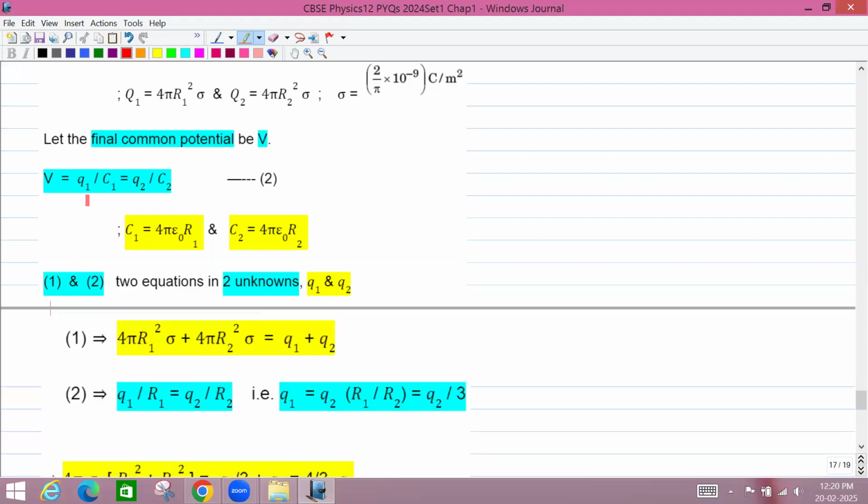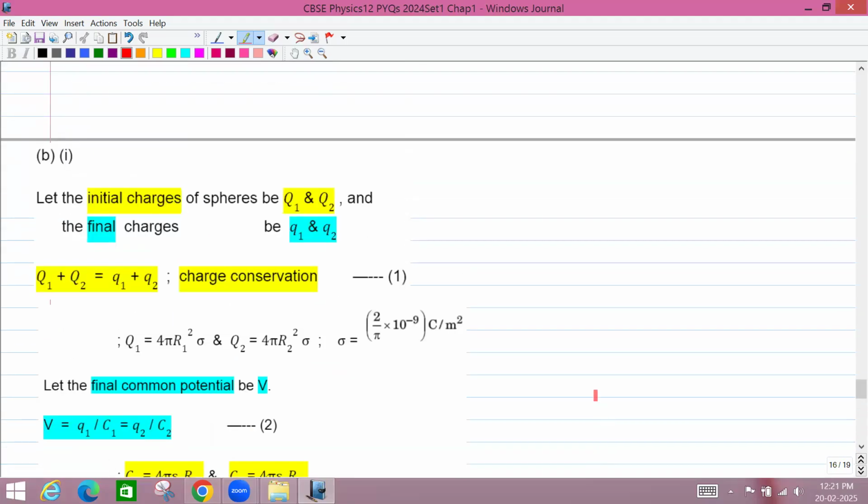And in the second equation, q1 by C1 equals q2 by C2. So 4 pi epsilon naught is common and will cancel, so only 1 by R will remain. So q1 by R1 equals q2 by R2, and q1 equals q2 into R1 by R2.